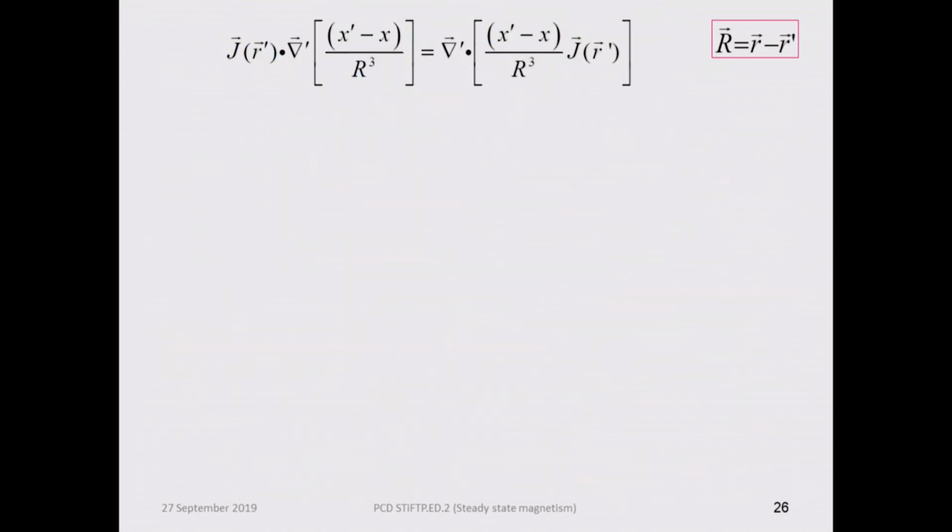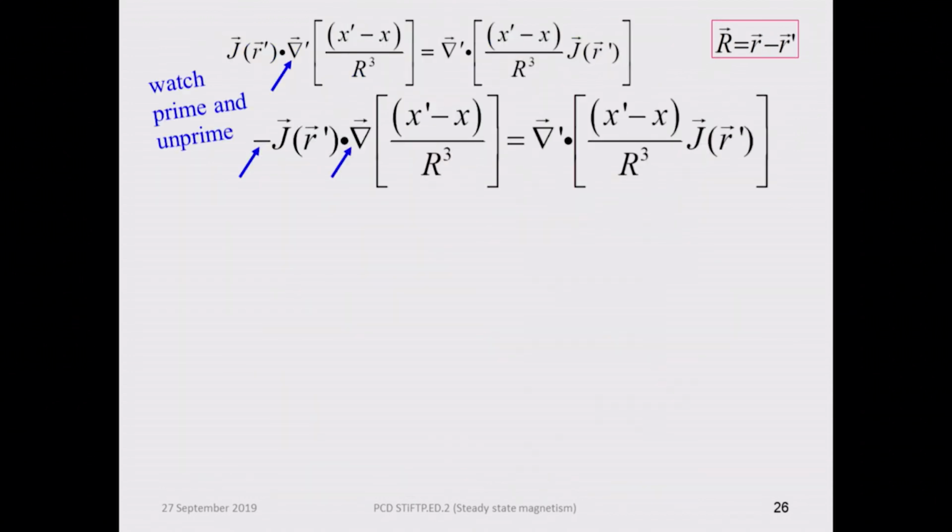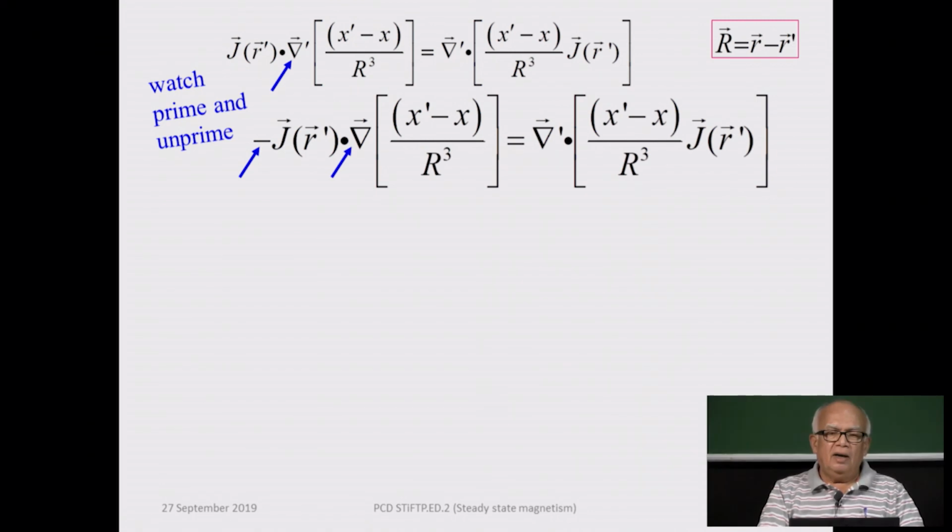So, let us analyze this residual equation. Notice that in the operand of the gradient you have x prime minus x. So x prime and x have opposite signs, so there is a sign disparity. If I change the differentiation with respect to x prime to x, the corresponding operator will pick up a minus sign.